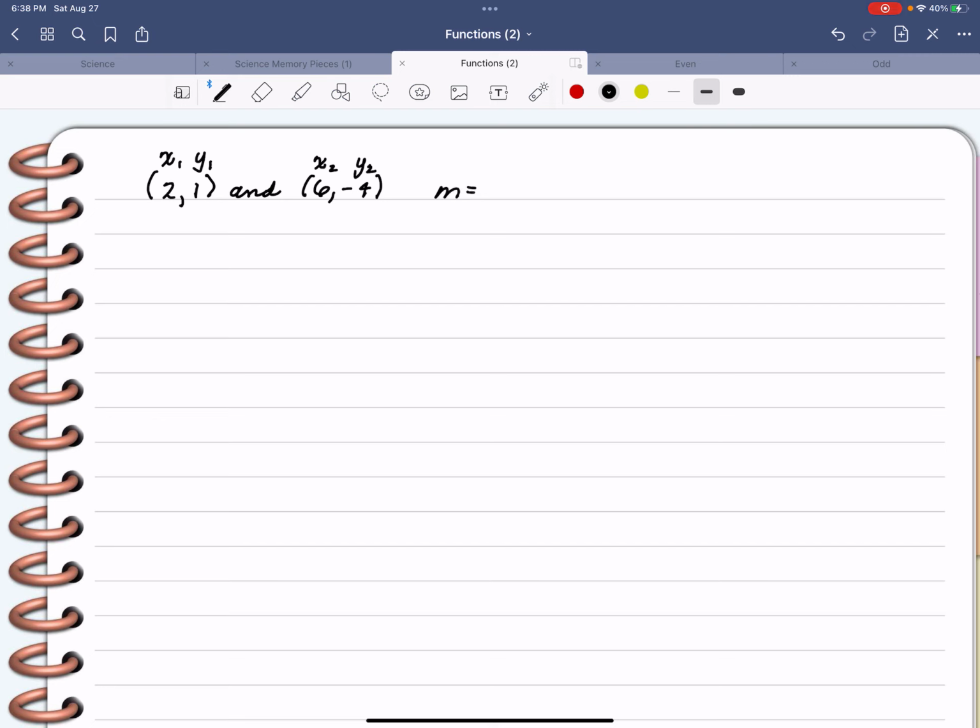So m equals, say it with me, y sub 2 minus y sub 1 over x sub 2 minus x sub 1.